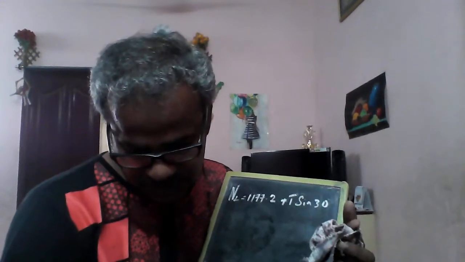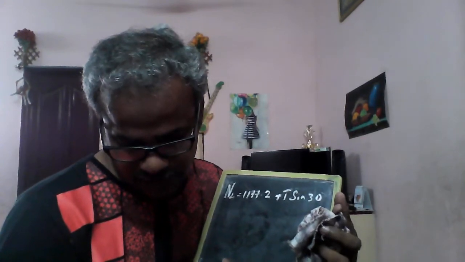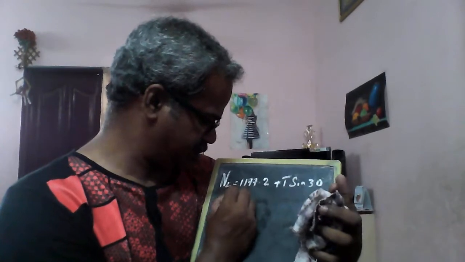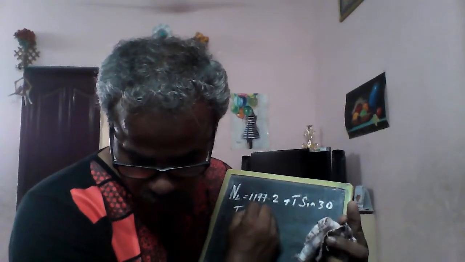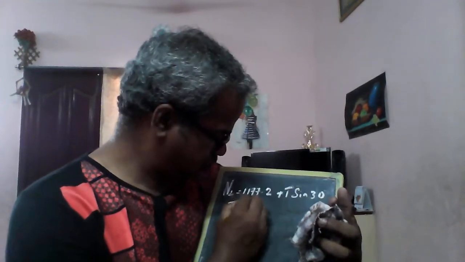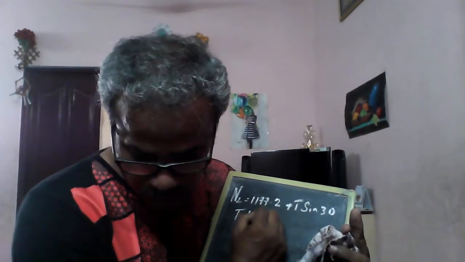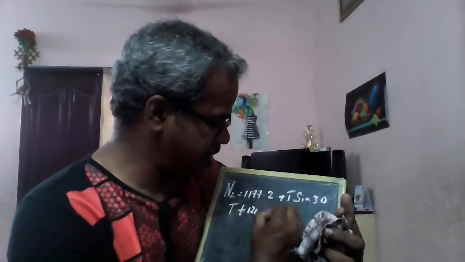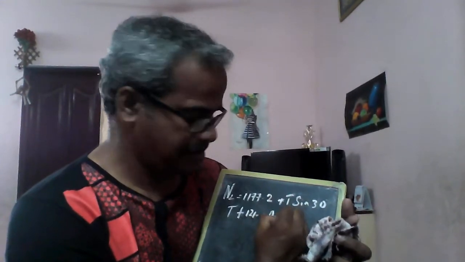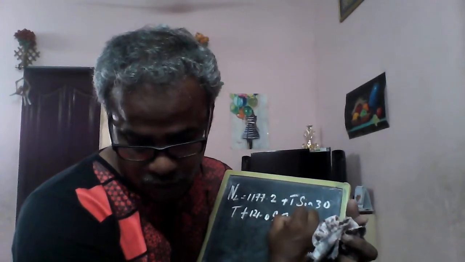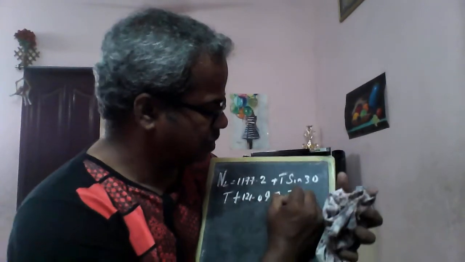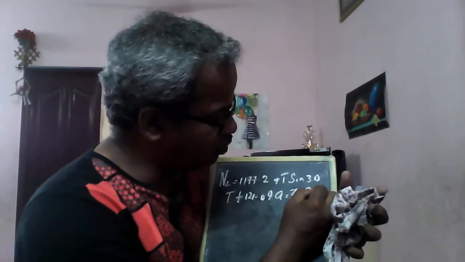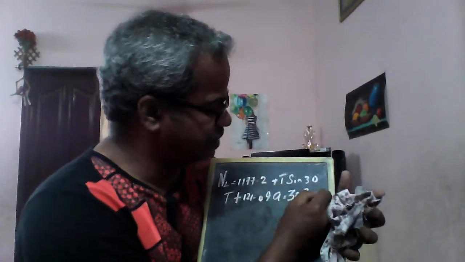By substituting this in the summation of Fx equal to 0 equation, I get T plus 121.09A is equal to 308.476.